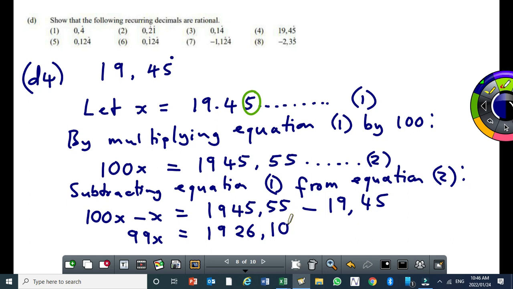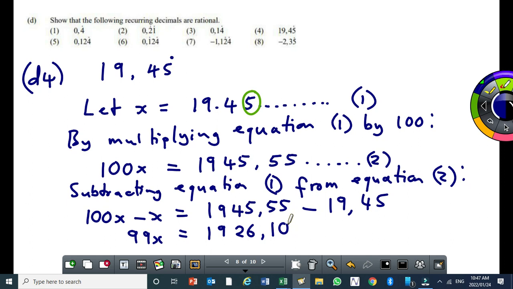Right? Now, when you get here, I'm sure you can see that on the left hand side, we don't have a decimal. We have got a coefficient of x, which is a positive integer. But on the right hand side, we've got a decimal. We need to convert that number on the right hand side to a common fraction, because remember, we don't want decimals here.